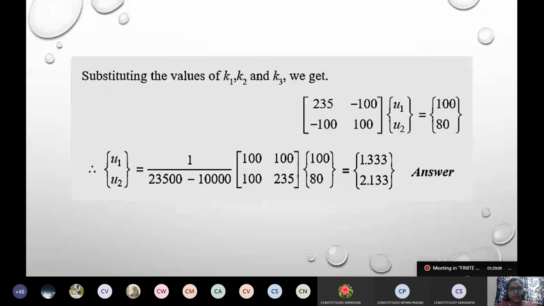Are we clear until this point? Yes, ma'am. Okay. So till now we have seen the spring problems. There is a good chance that in your short answers, the compulsory question where you give answers for 2 marks, you get spring problems.